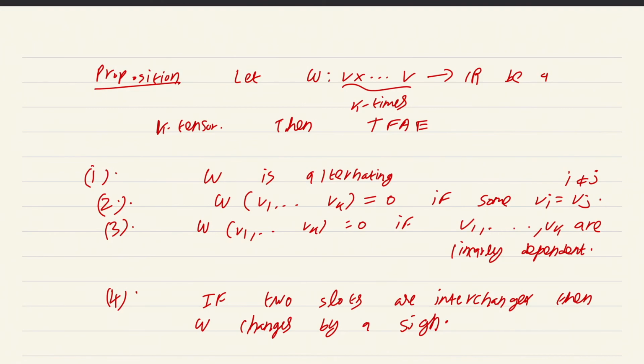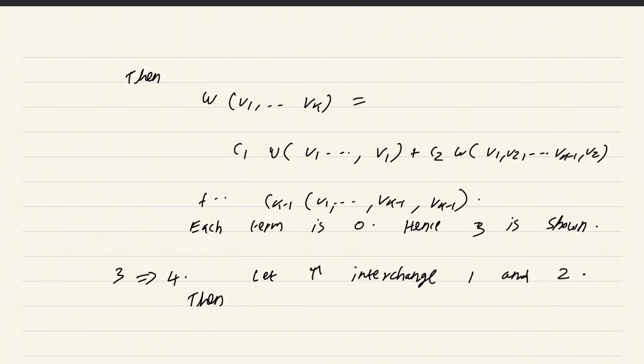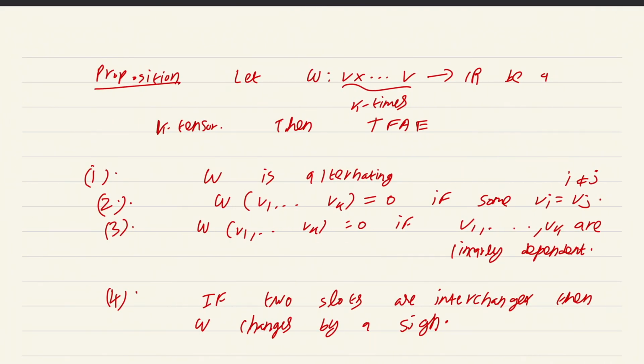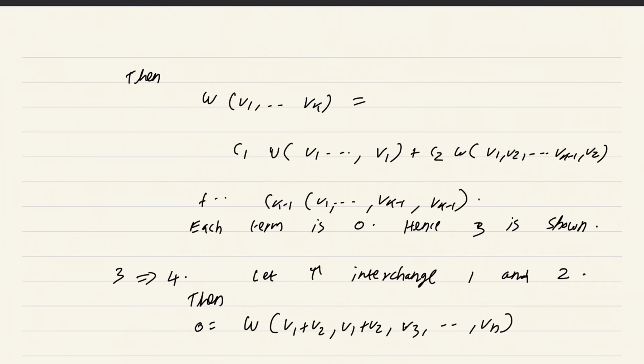So what we are going to do is take 0 equal to omega of v1 plus v2 comma v1 plus v2 comma v3 comma dot dot dot vk. So this just follows from 3. In fact, I'm just using the special case 2, which is a special case of 3. I'm repeating the same vector v1 plus v2 in both the slots.